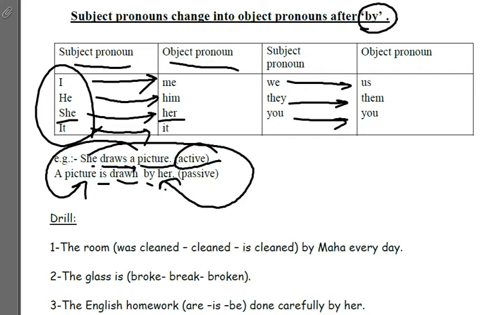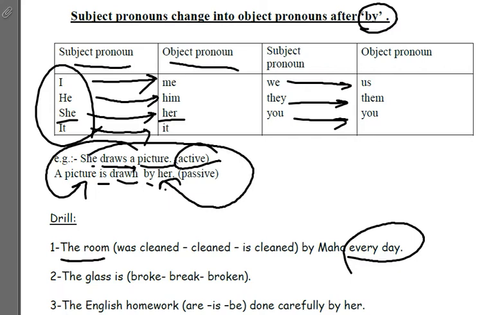This is a drill. The room by Maha every day. Okay, so this is a sentence in the present simple. We know that from the words "every day". You have to think: is this a subject or an object?